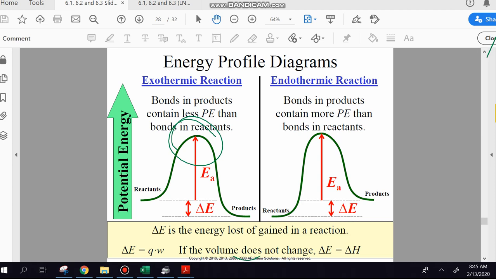So just quickly, in order to calculate the change in the energy, what you have to do is take the energy of the reactant and subtract the energy of the product from that. So it is reactant energy minus product energy. That is why for an exothermic reaction, it is negative, and for an endothermic reaction, it is positive.